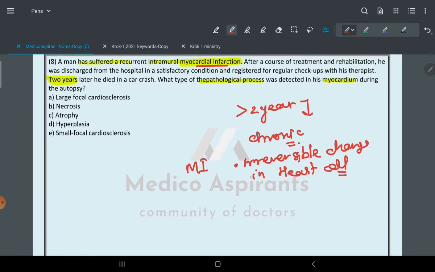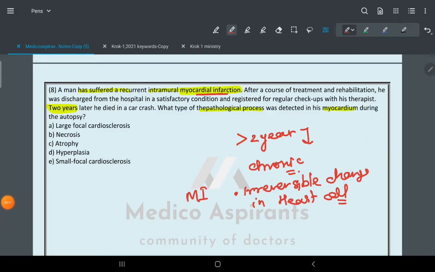So the question is what may be observed in this pathological condition in the heart. It is very important for you to know the basic pathological definition and what it means. Myocardial infarction is given here, as I taught you in my class, just a revision: they may have different kinds of origin.